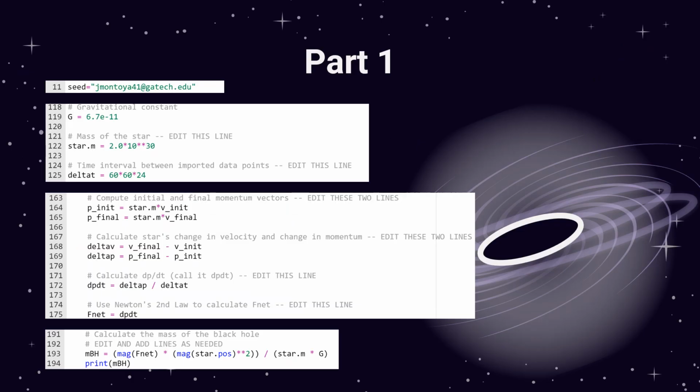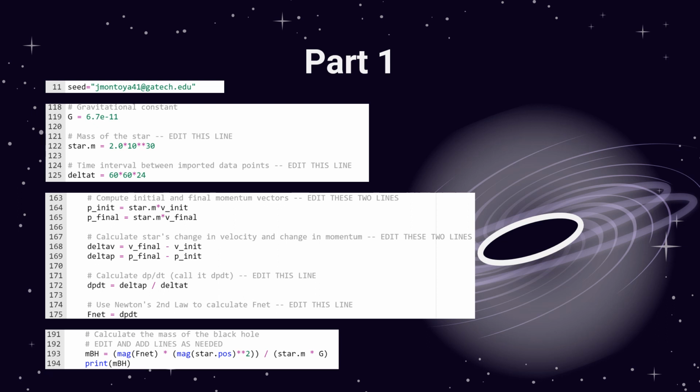To start with the computational model for part 1, I put my GT user email as the seed for the random trajectory of the star, and then initially we have the star's mass given in the problem and the time given as well.